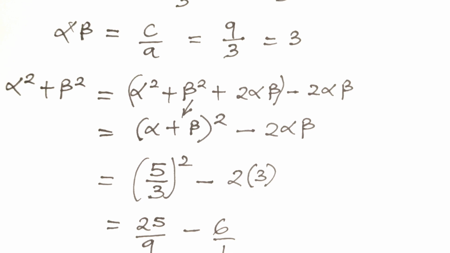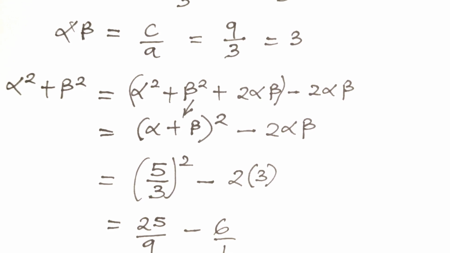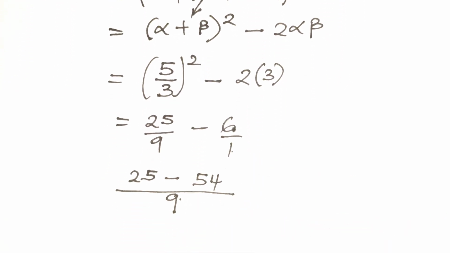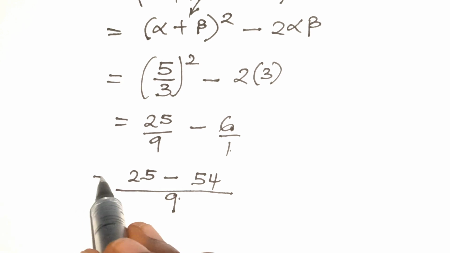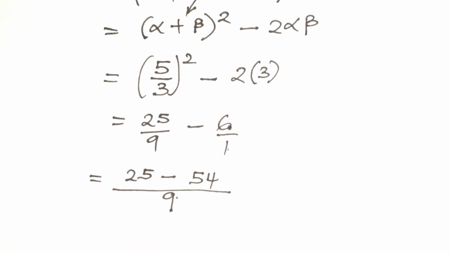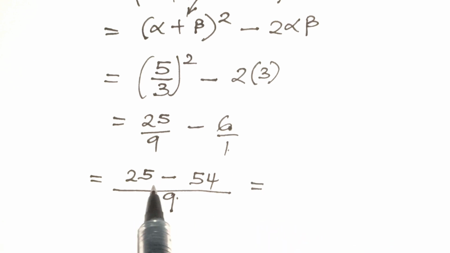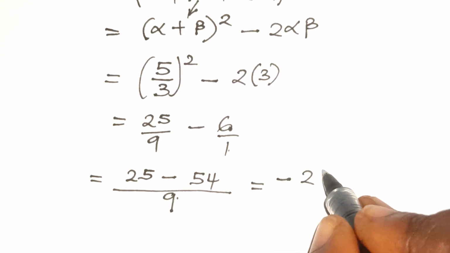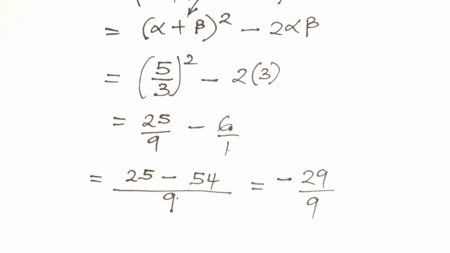So I'll use LCM here. 9 into 9 is 1, 1 times 25 is 25, minus 1 into 9 is 9, 9 times 6 is 54. If I subtract, I will have 25 minus 54 is equal to minus 29 all over 9.